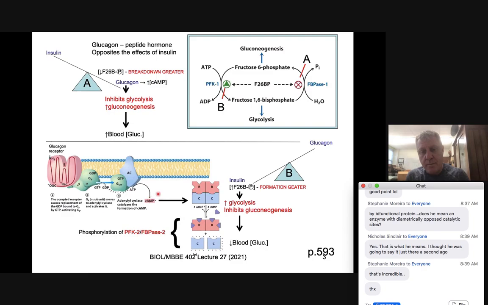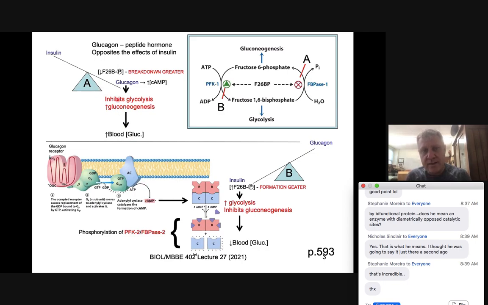And lo and behold, we've seen this before in regards to how phosphorylation at a regulatory site occurs with what we saw was protein kinase A. It's exactly the same kind of system, not structurally, but by function, that we see with phosphofructokinase number 2 and fructose bisphosphatase number 2 in regards to how it's regulated by cyclic AMP. So again, let's keep focusing on A.